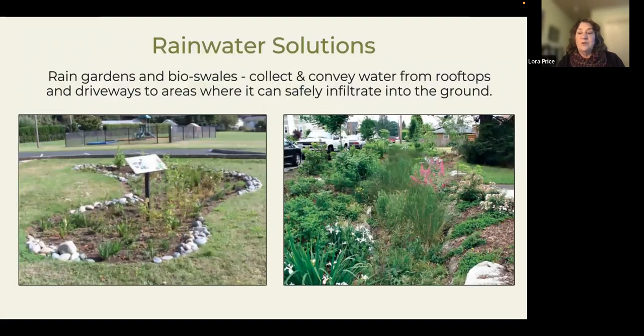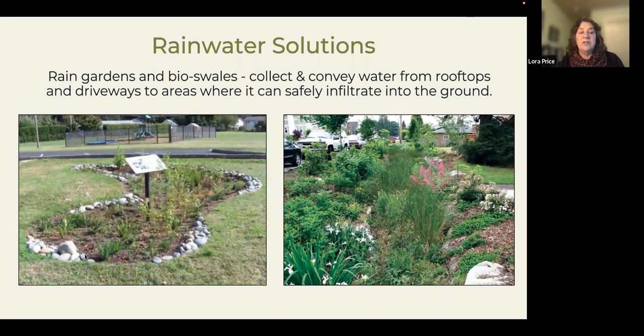And this is a great solution here to create a rain garden. Both of these, and this looks to be more of a bioswale, are very similar in their function. It just has more to do with shape and whether it's moving water or not. But with this first one on the left, there's a pipe underground that you don't see.